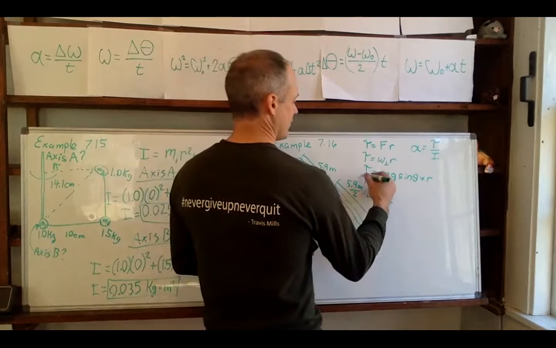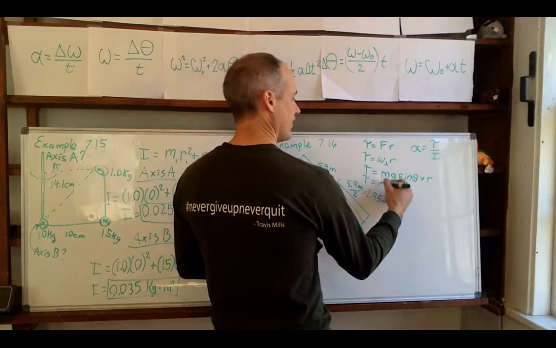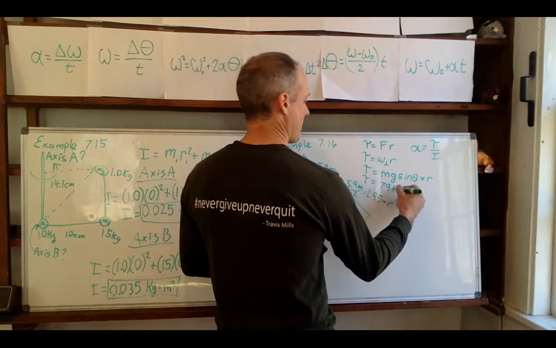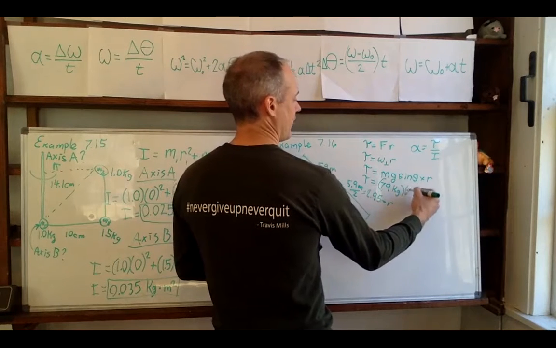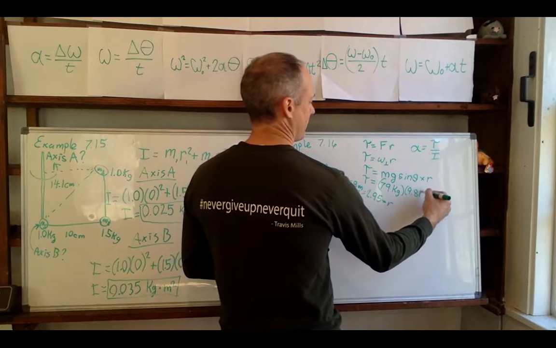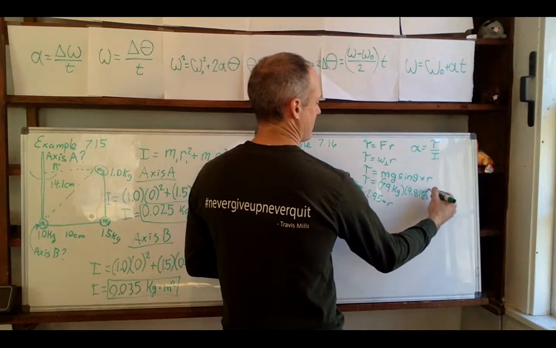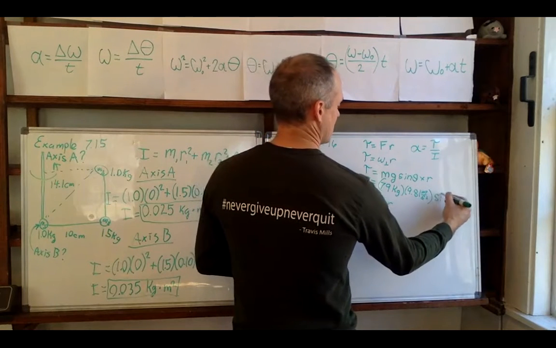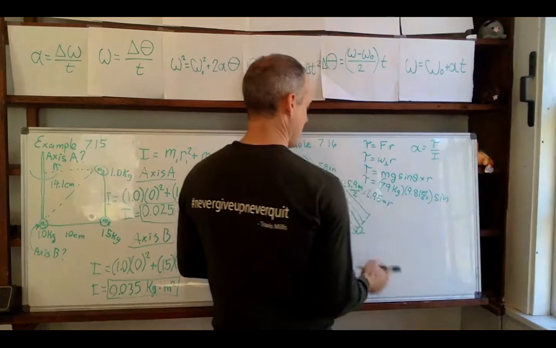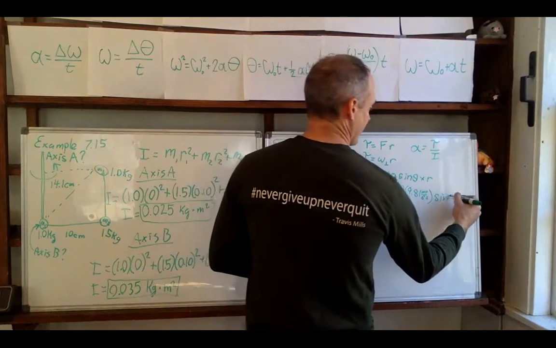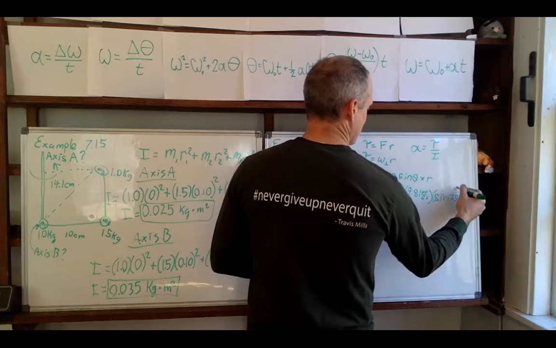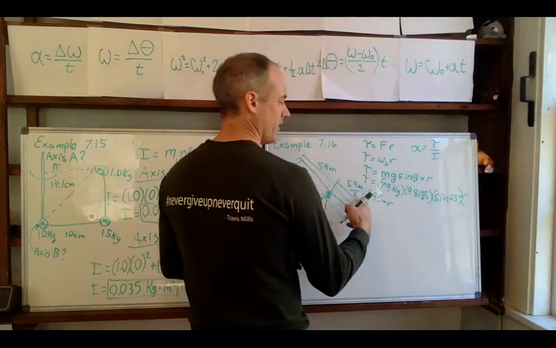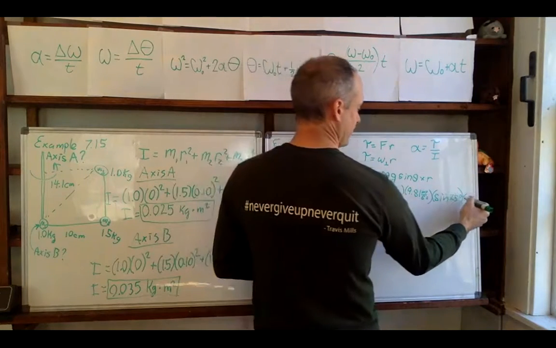So the torque is equal to 79 kilograms times gravity times sine of 25 degrees, and the radius is 2.95 meters.